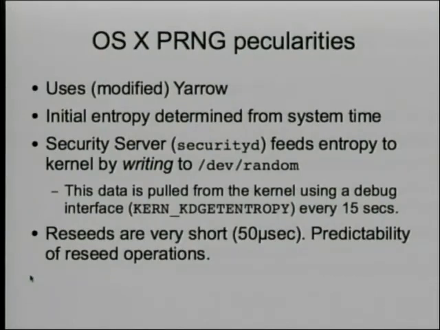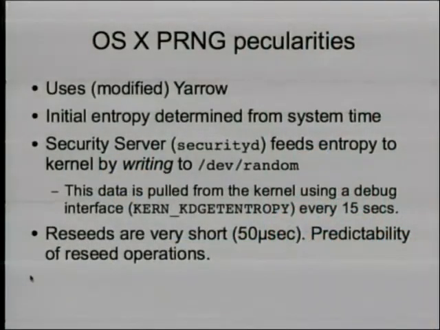Okay. Another thing that you have to look at when you look at any kind of cryptography, obviously, is where your randomness comes from. Now, with OS X, it's kind of funny, because OS X uses a very well-known and very reputed random number generator called Yarrow, but they heavily modified it.